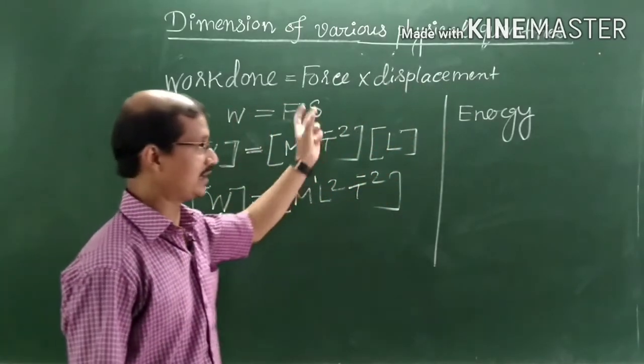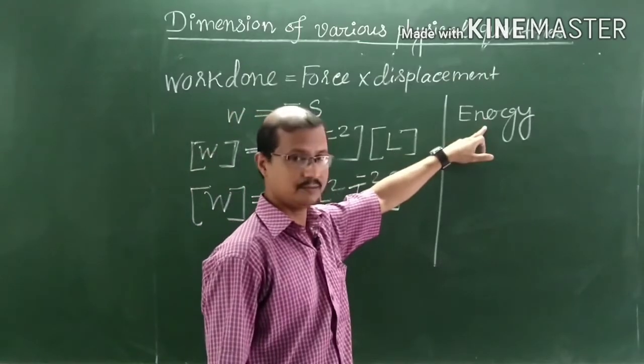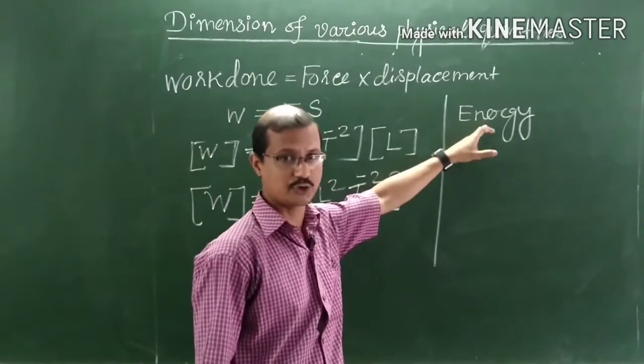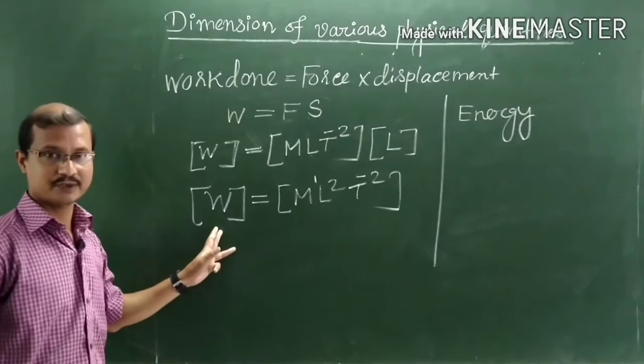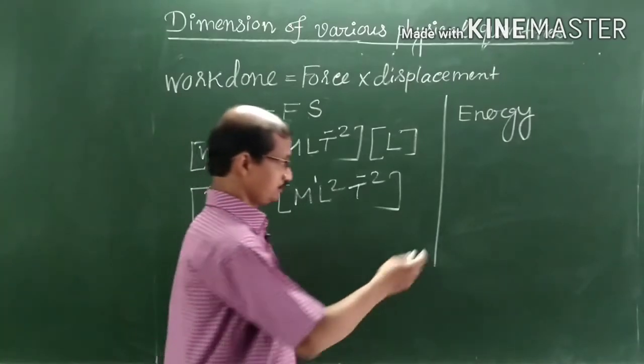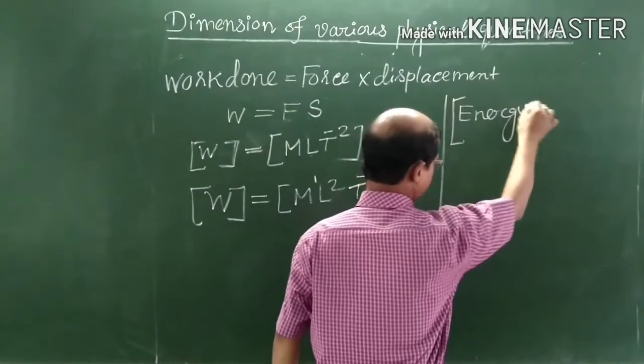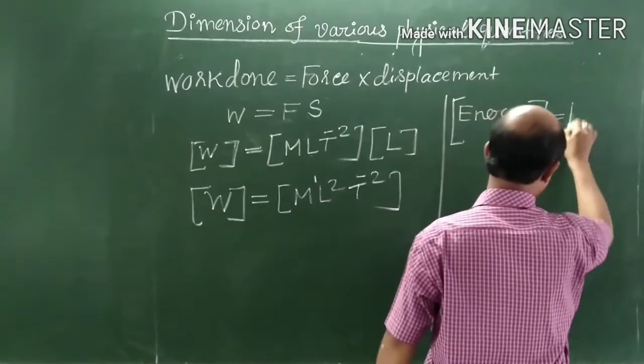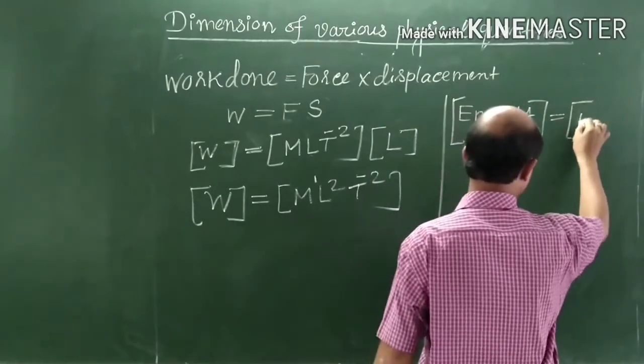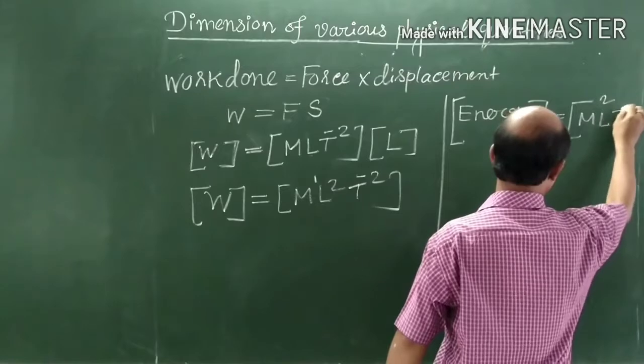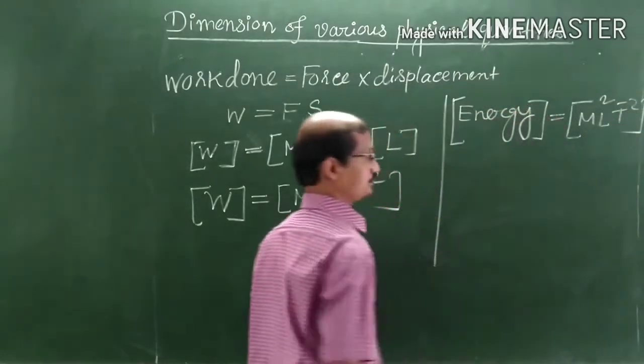Therefore the dimensional formula of energy will be similar to that of work done. It will be M L square T inverse 2. Okay?